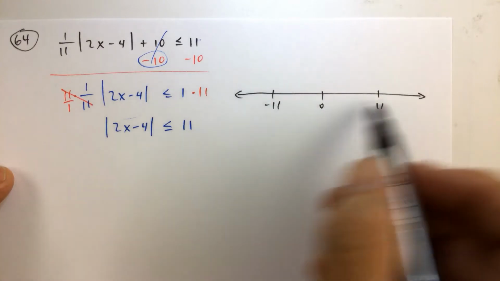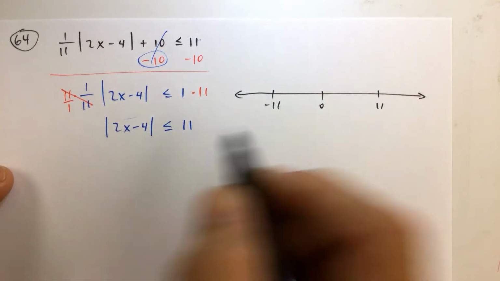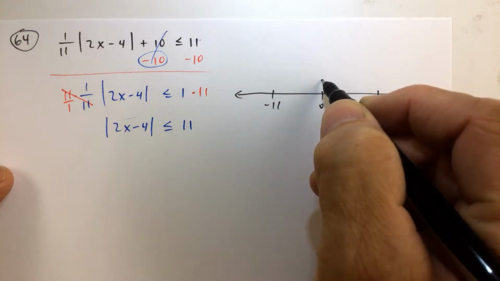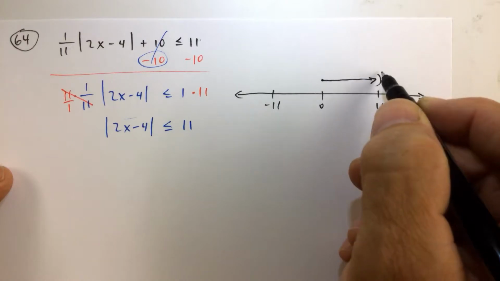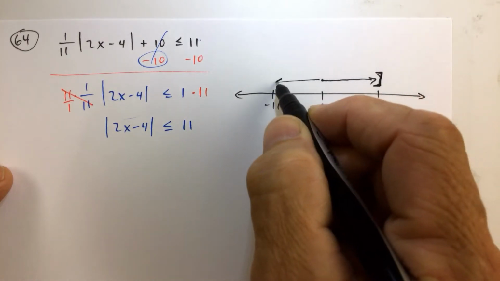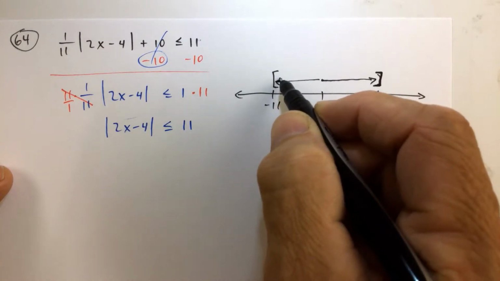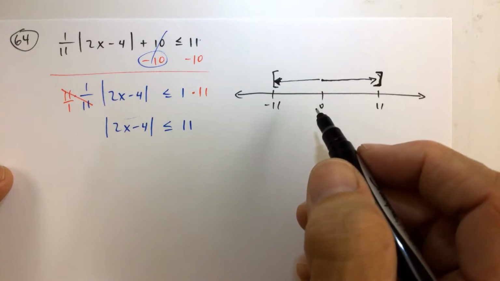So if we look at that graphically, it's kind of like having a boundary. You have a leash on your dog, and the leash is tied right here, and it can't go further than 11 units that way. It could go all the way to 11, so we'll use a bracket. It can go up to and equal to, but not further than 11 units to the left.